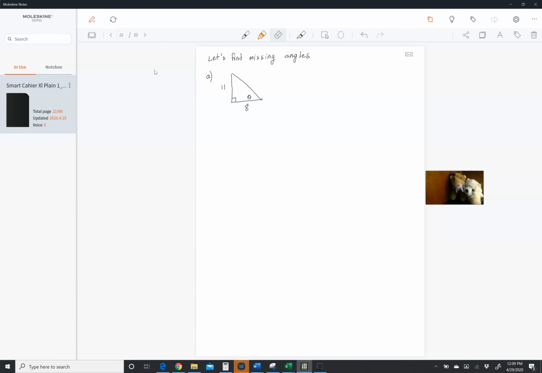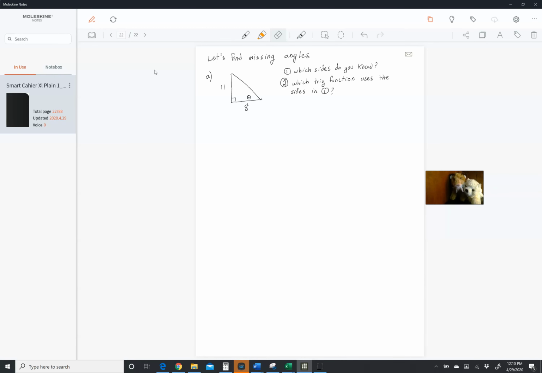So now you're asking, which sides do you know? Or which sides are you given? And which trig function uses the sides that you found in 1?